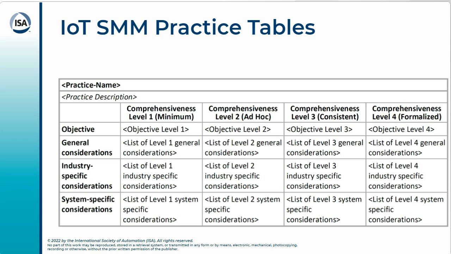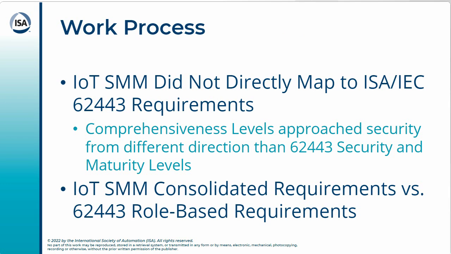So now, getting back to the actual process that we followed. Since we took a look at the security maturity model from the IoT group, what we found is that it doesn't directly map to any of the documents themselves within the 62443 series.